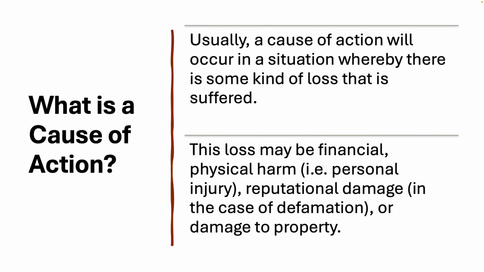So, for example, if a person tells a lie about you on television and that causes you to lose your job, or causes an advertising deal to be revoked, that's the kind of damage that you can then claim for in defamation. Or it could be just damage to property. Someone damaging your property, whether it be your real property or your personal property, your chattel, is still an example of a kind of loss in which you might have a cause of action.